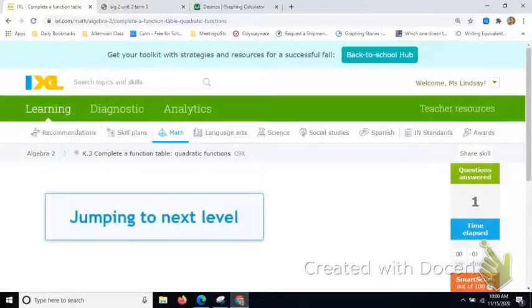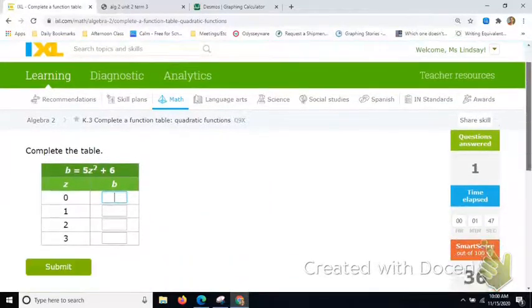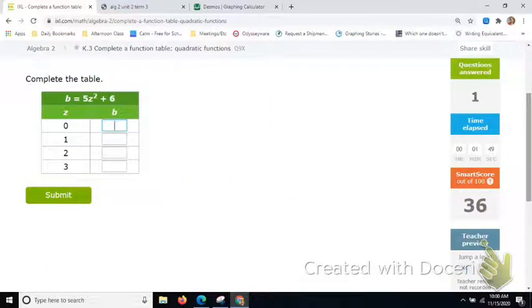This time, it's really more of the same. Just plugging in and evaluating. So 2 squared is 4, 5 times 4 is 20, 20 plus 6 is 26. 3 squared is 9, 9 times 5 is 45, plus 6, 51.